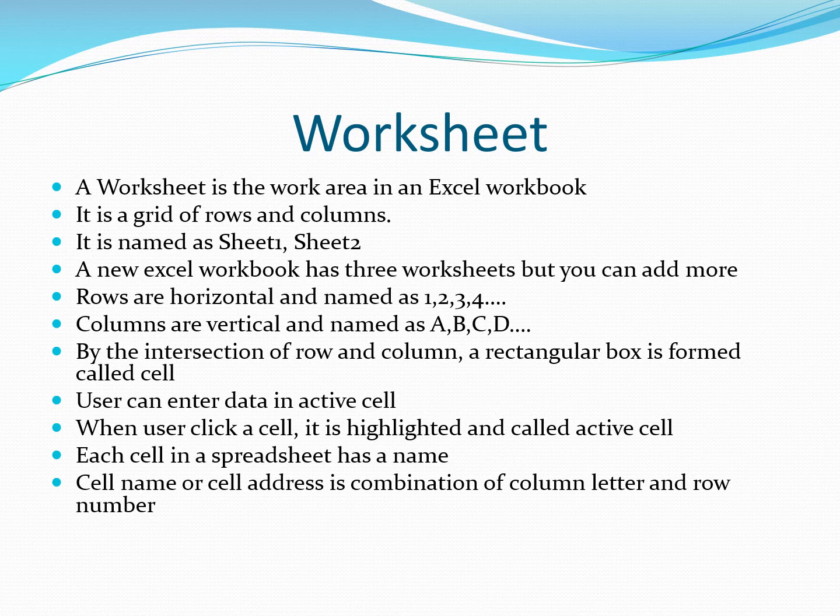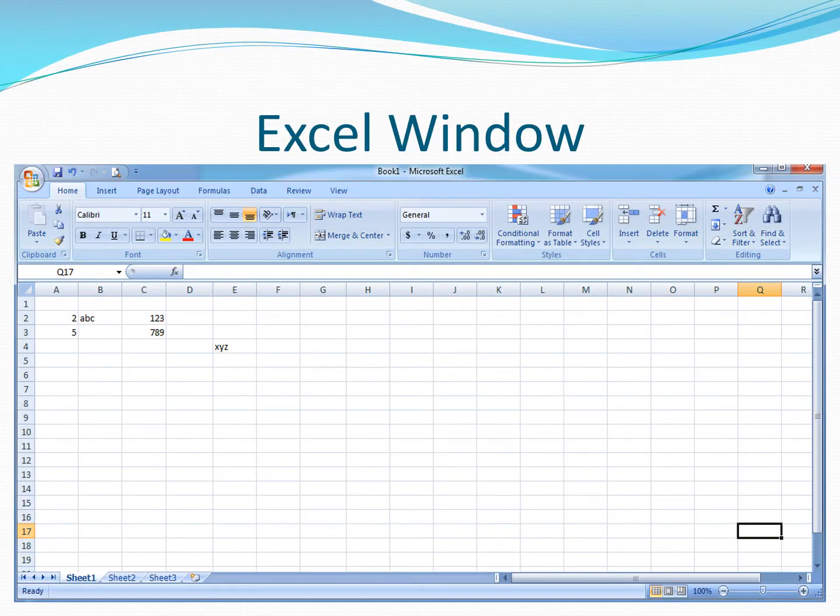Each cell in a spreadsheet has a name. Cell name or cell address is a combination of column letter and row number. So this is an Excel window and you can see cell, rows and columns over here.